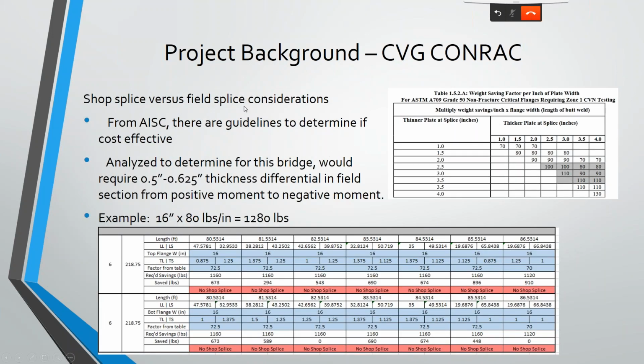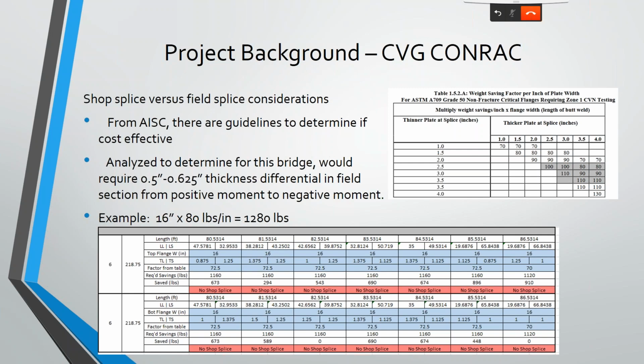We also looked at shop splices versus field splices. There's another table in that same guide that gives you, based on your thickness of plate, how much you would need to save in terms of pounds in order to make it economical to have a shop splice. This is for over your piers, having that thicker plate over the pier versus a thinner plate in your positive moment regions.